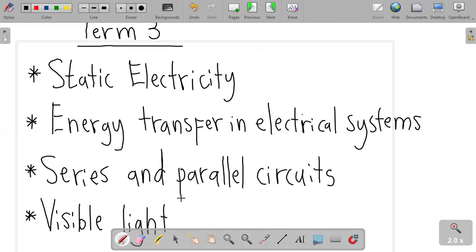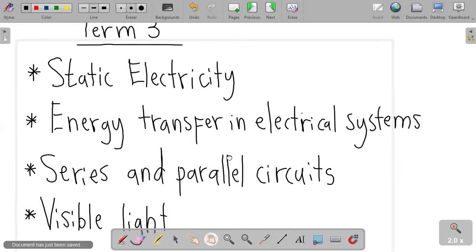Then the last topic of this term will be visible light.